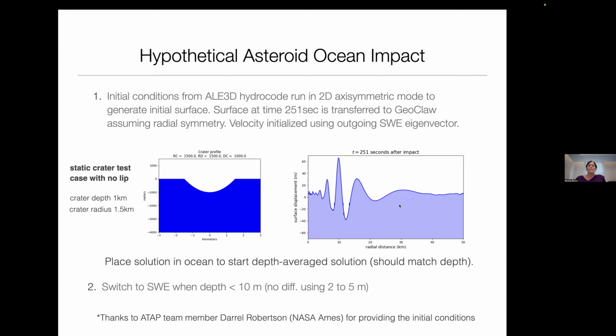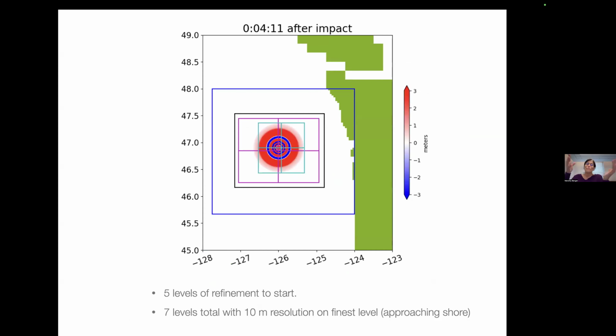We got initial conditions from Darrell Robertson, who happens to be here, I hope, watching, using an ALE simulation. Here's the height after 251 seconds. We start with that and we place it in the middle of the ocean, wherever we want. So this is off the coast of Washington, where we placed our hypothetical asteroid.